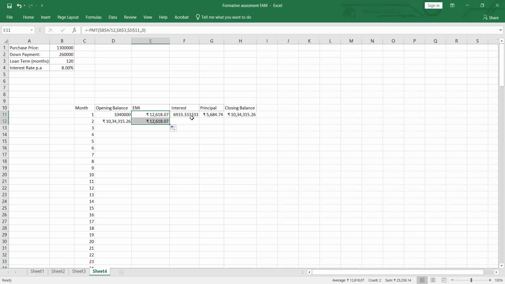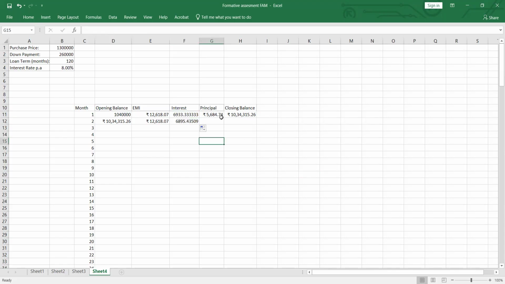So you can see I drag and this is the same amount because it's a fixed amount. Then we calculate this. Why are the values so wrong? One second. This is not a dollar sign. Yeah, done.